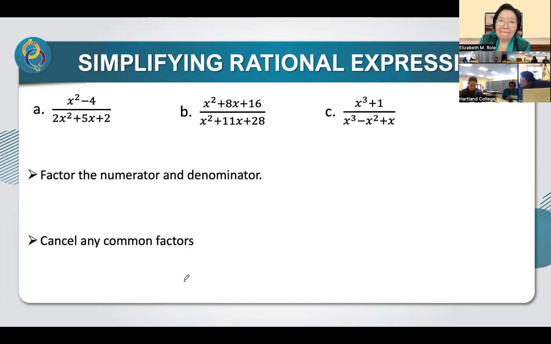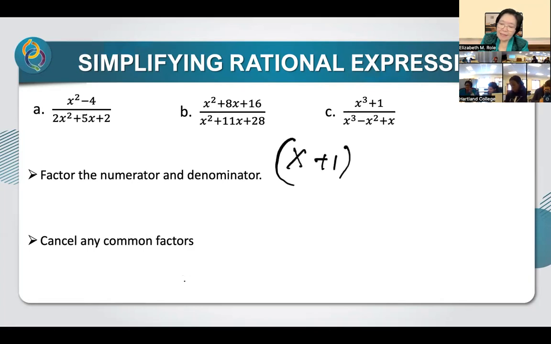Remember this x cubed plus 1, what did you say? Sum of cubes. Okay, yeah. So you are able to factor out the x cubed plus 1, right? It will now be x plus 1, x squared minus x plus 1.